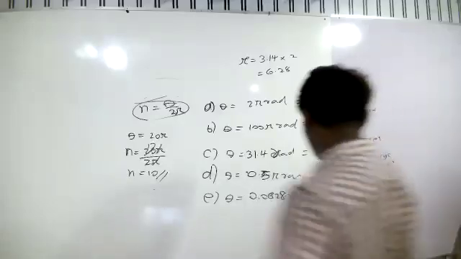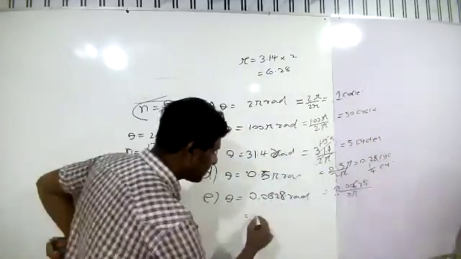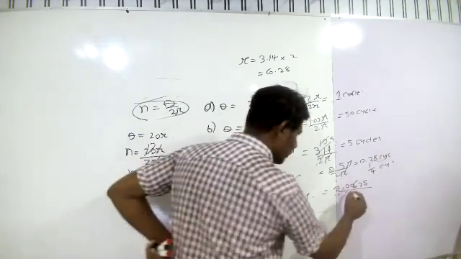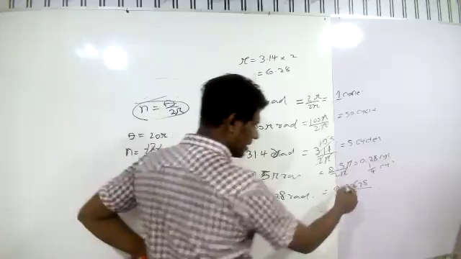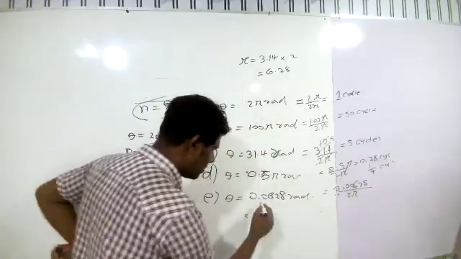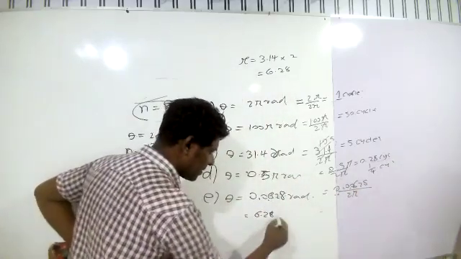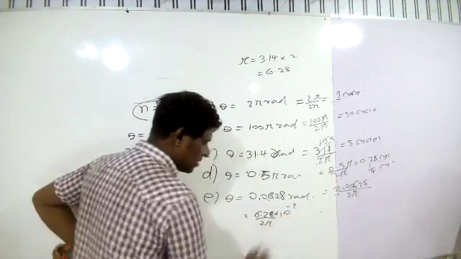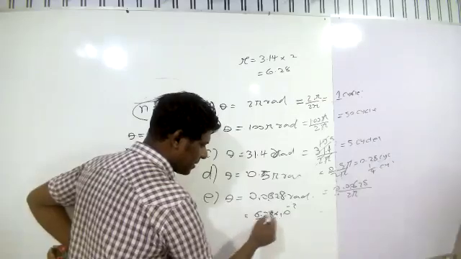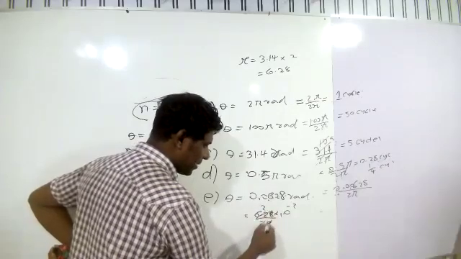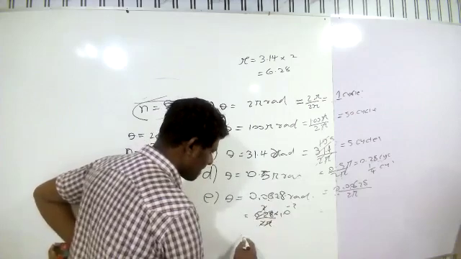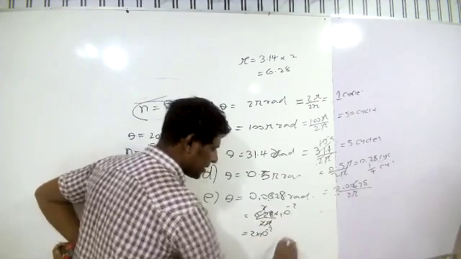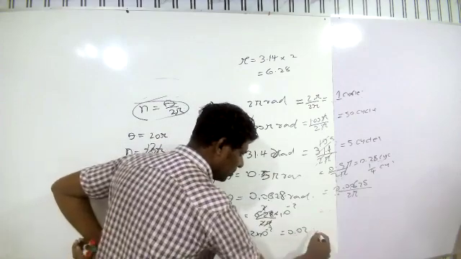I can write this as 2 into 10 to the power minus 2 divided by 2 pi. So the 2 and 2 cancel out. 2 into 10 to the power minus 2. That means 0.02 pi.